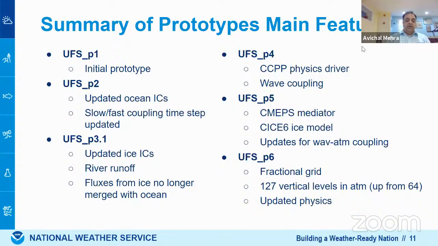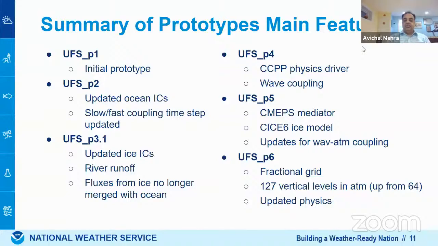Prototype 3 or 3.1, we got better sea ice conditions from CPC, introduced river runoff, and changed how we were calculating the fluxes between the sea ice and the ocean models.